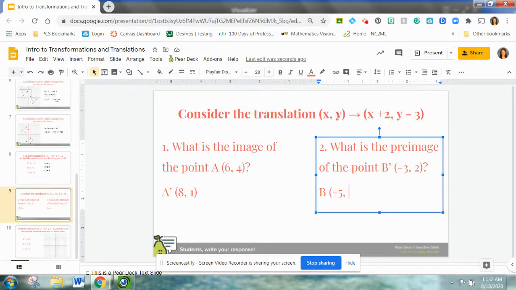So same idea. What number minus 3 would give me 2? Well, 5 minus 3 gives us 2. So this would be my pre-image that would have been on my original pre-image coordinate here of -5, 5 to give us an image of -3, +2.